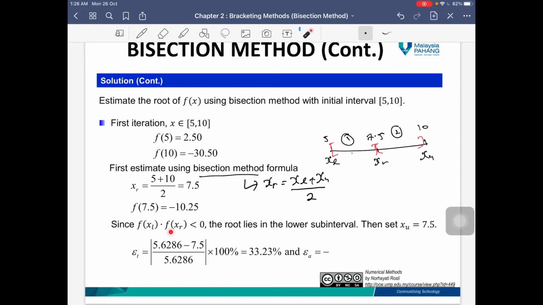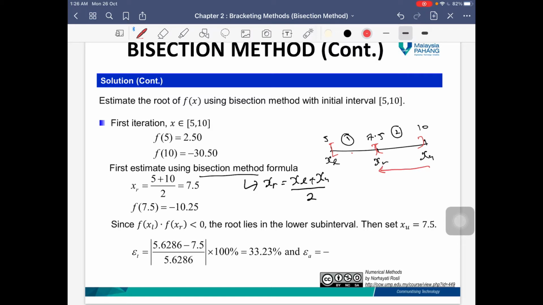Since f(x_l) multiplied with f(x_r) gives us a negative value, because we have positive here and negative here, this product is less than 0. It means that the root lies in the lower subinterval, based on the algorithm previously. Then we need to set x_u equal to 7.5. Therefore, this x_u goes to our x_r.